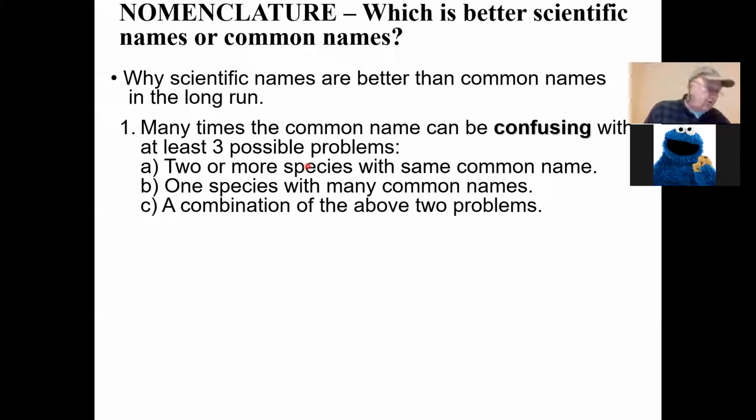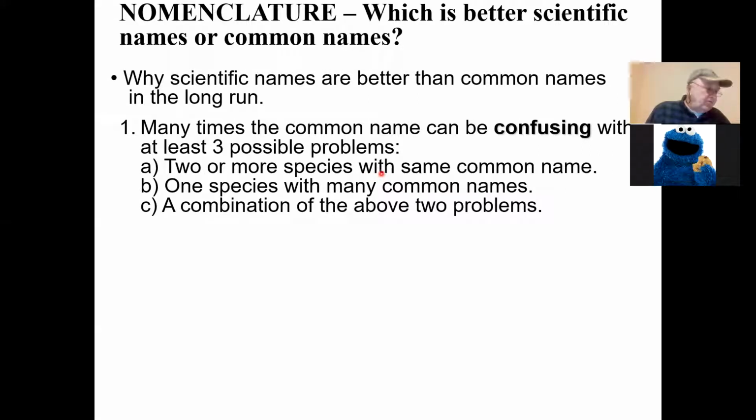So those names are misleading. Spanish moss is a member of the pineapple family, a flowering plant. Reindeer moss is not a moss, it's a lichen. Irish moss is a red alga. Notice I said singular, not algae. And haircap moss is a true moss. That's one example of category A, two or more different organisms with the same common name.